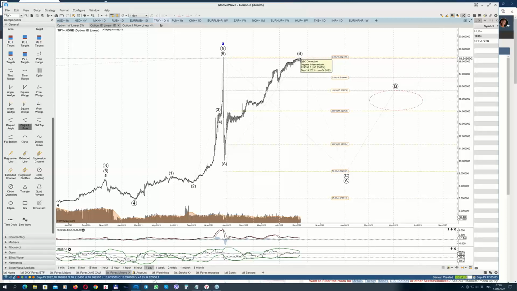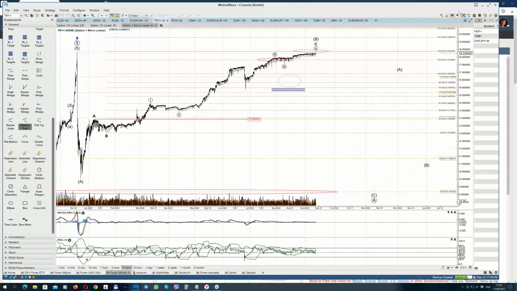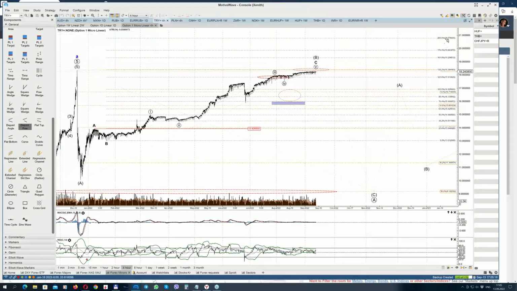However, in the case the pair takes out the previous high, that would mean that it has exceeded the ideal target for a corrective rally, and it means that we could extend much higher, let's say to 20.77, and that would be really surprising to those who are expecting a reaction to the double top.